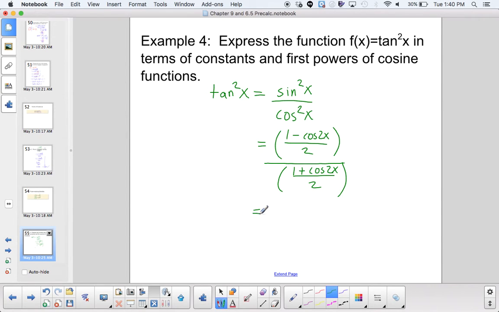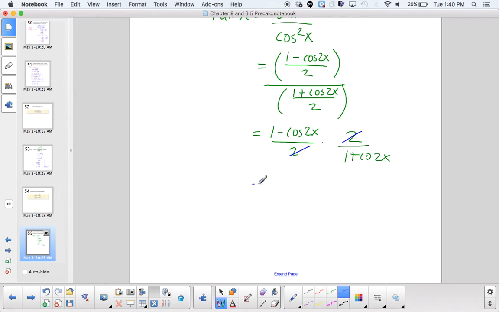And then from here we are dividing fractions, so 1 minus cosine 2x over 2 times the reciprocal of the other, 1 plus cosine 2x. Okay, at this point the 2's cancel, and then I end up with 1 minus cosine 2x over 1 plus cosine 2x.